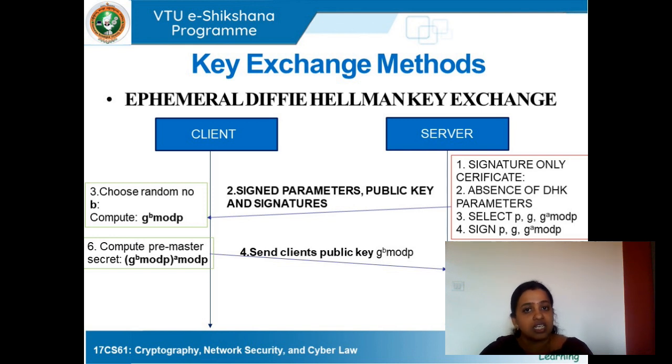Now in that case, the server selects prime number P, G the generator, and then computes the public key G raised to A mod P by selecting its private key. And once this step is performed, all these parameters are signed. The signed parameters along with the public key and the signature are then sent to the client and the further process of Diffie-Hellman key realization is used.